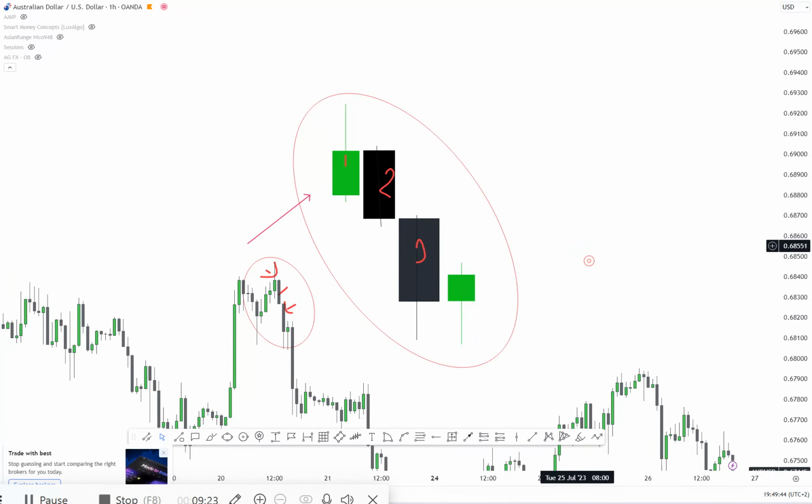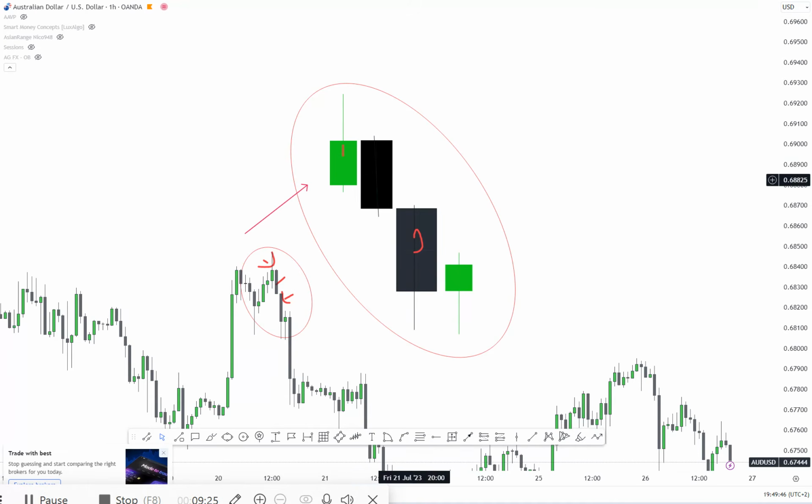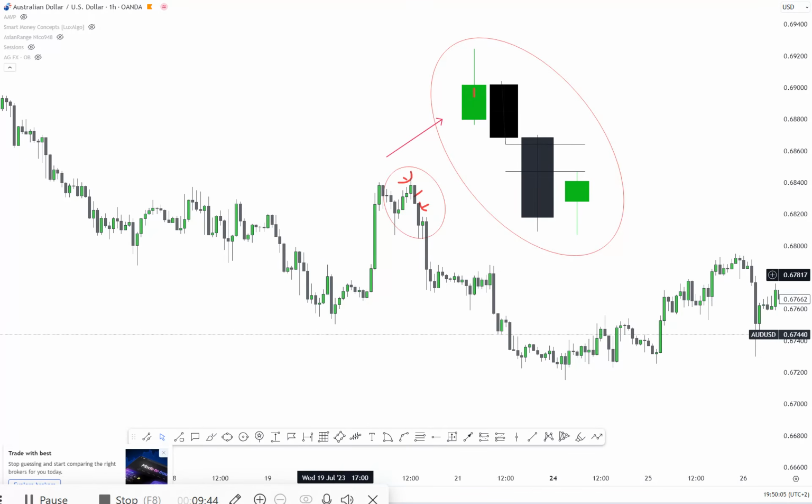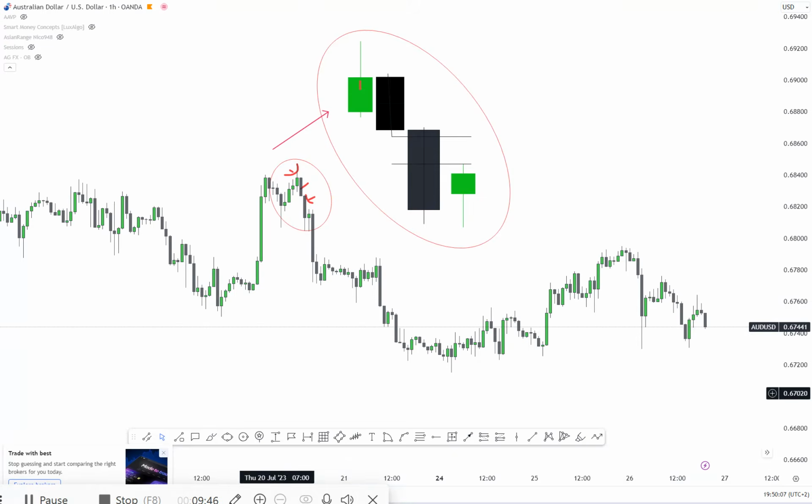We will follow the same structure here. We will take the low of our first candle and the high of our third candle. So in the second candle we will have the imbalance like this.